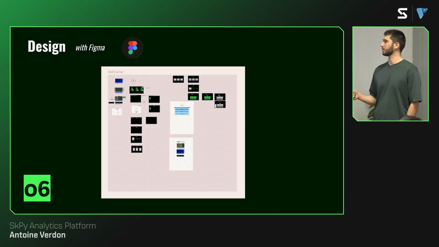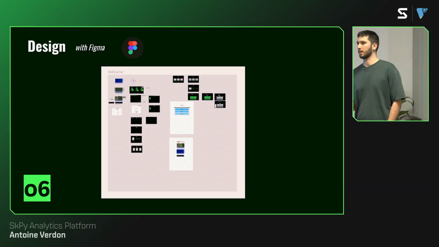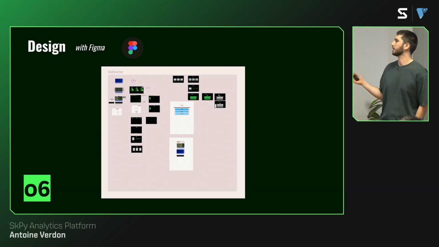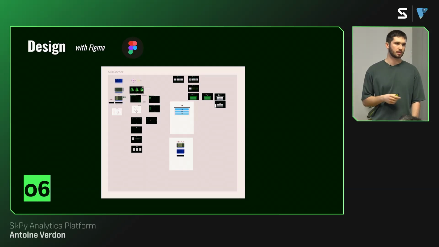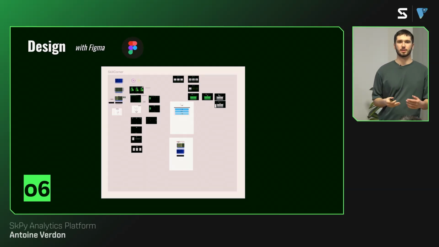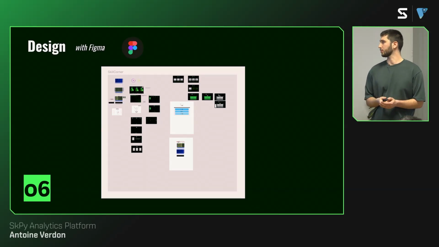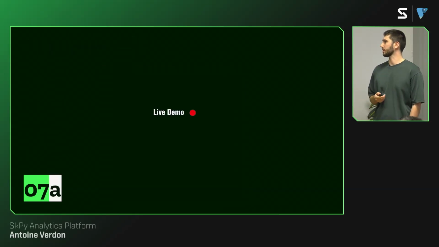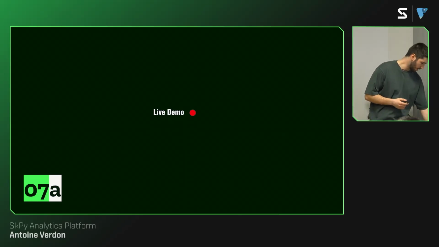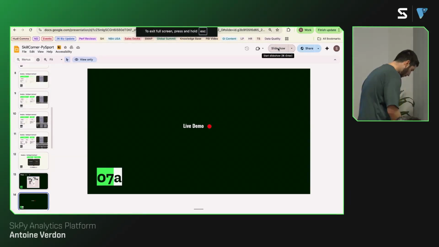I always start with Figma because I imagine the user journey, and Figma is a modeling tool that allows me to make simple shapes and imagine the interface pretty well. So that's my process, and here is the time for the live demo.